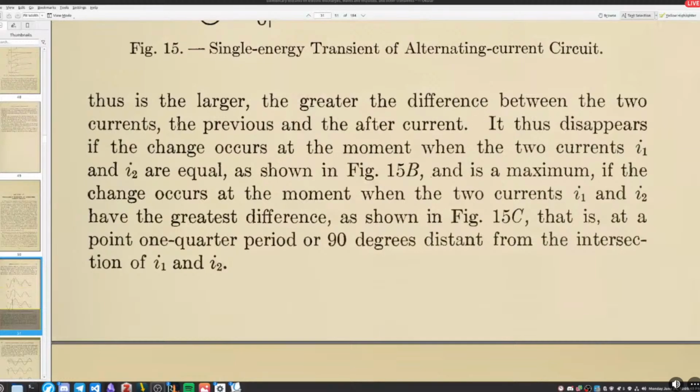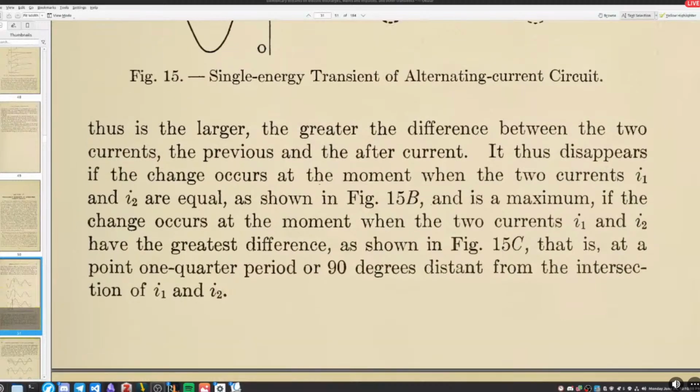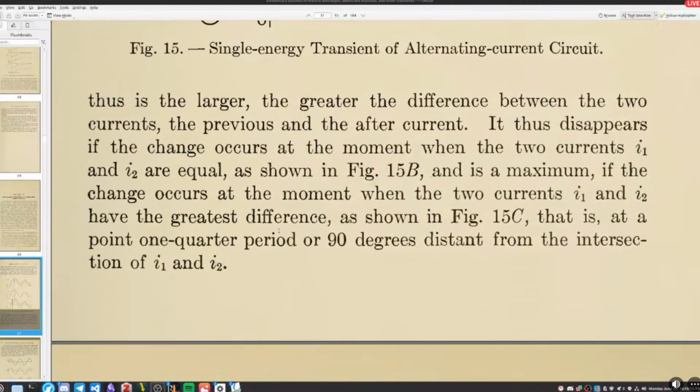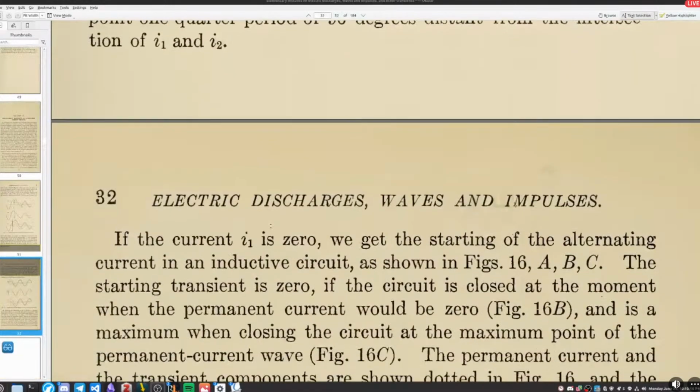It thus disappears if the change occurs at the moment when the two currents I sub 1 and I sub 2 are equal, as shown in figure 15b, and is the maximum if the change occurs at the moment when the two currents I sub 1 and I sub 2 have the greatest difference, as shown in figure 15c, that is, a quarter period or 90-degree distance from the intersection of I sub 1 and I sub 2.